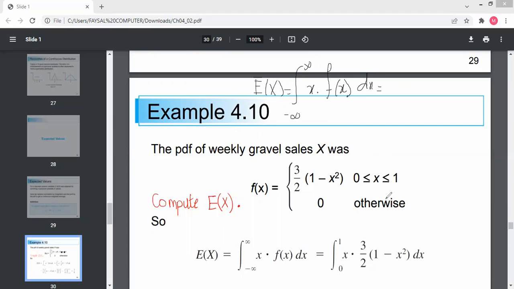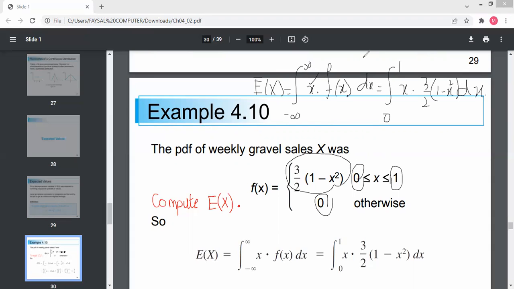What are the upper and lower limits? My upper limit is 1 and lower limit is 0 in this case. Now f of x is this one, so I place it here: x into 3 upon 2 times (1 minus x square) dx.